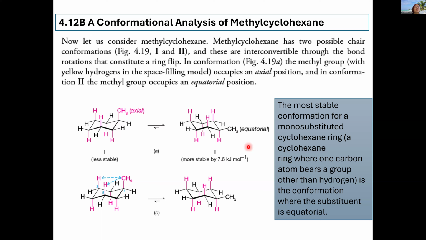Now, if you consider this methyl cyclohexane, which do you think this methyl cyclohexane will most of the time assume, conformation 1 or conformation 2? Because it is more stable, less strained than 1.